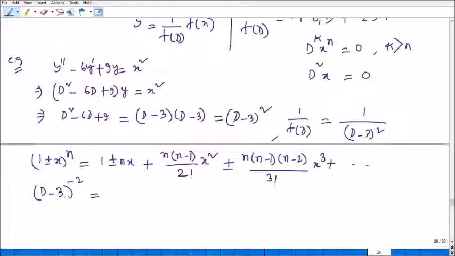We have to write this term in this way. Suppose it is 1 by D minus 3 square.